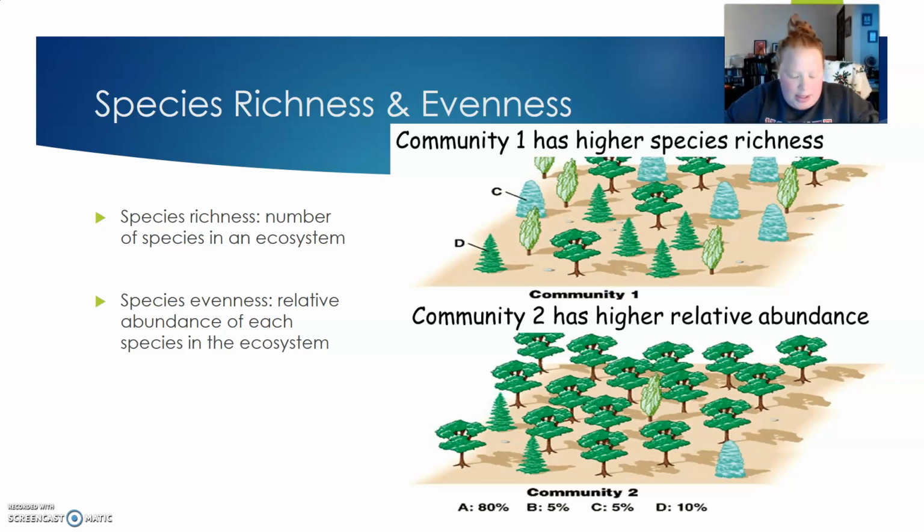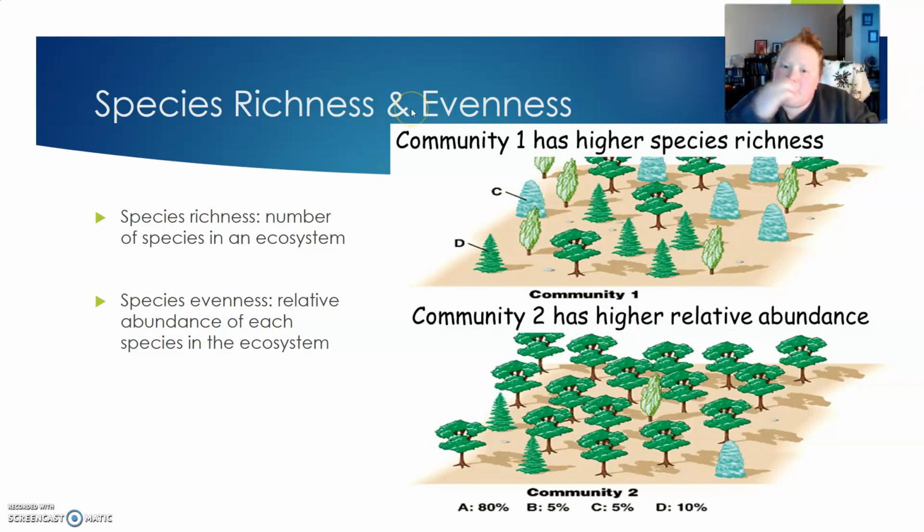An ecosystem that is highly rich with species would have a bunch of different species. An ecosystem that is highly even would have relatively the same number of each species. So species richness and species evenness both go into calculating biodiversity. So ideally you want an ecosystem that is rich and even.